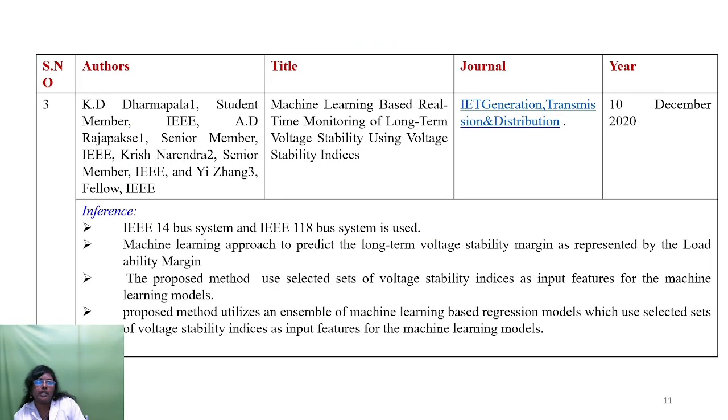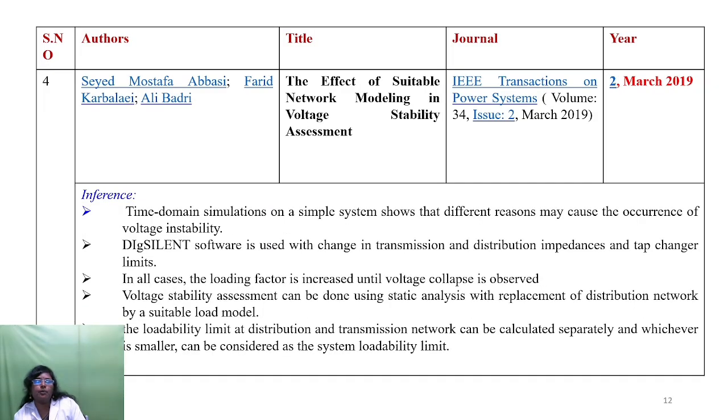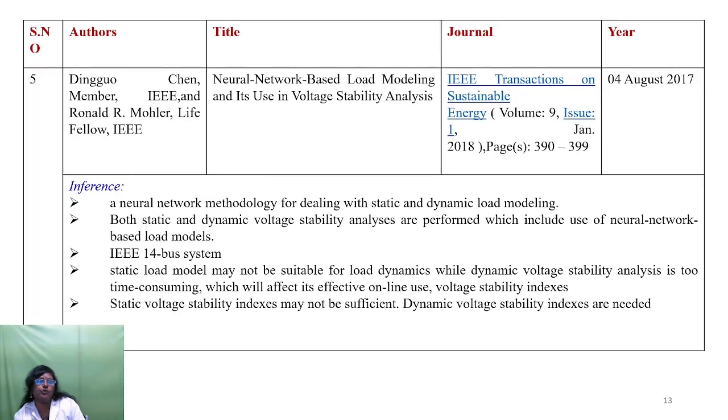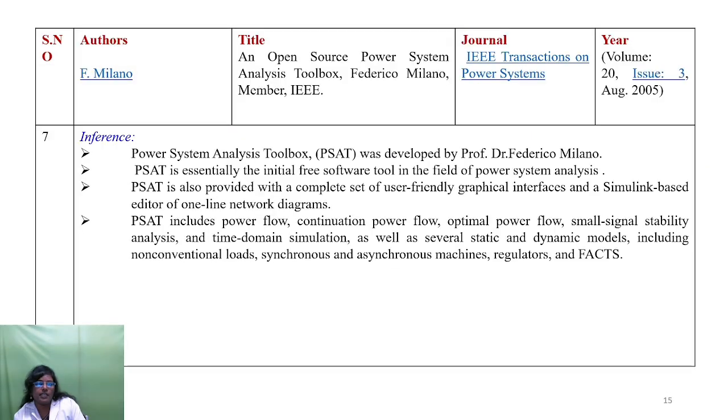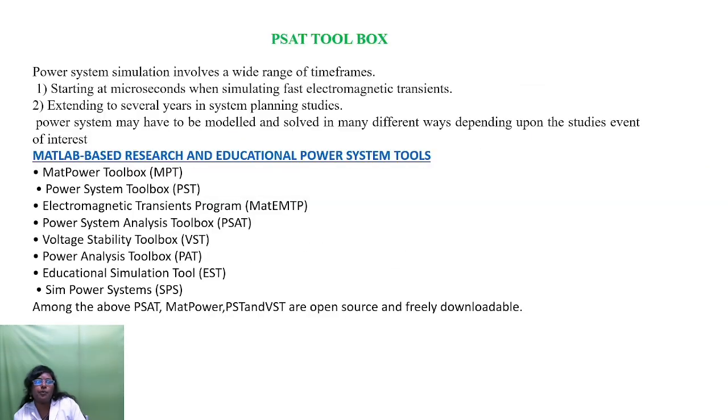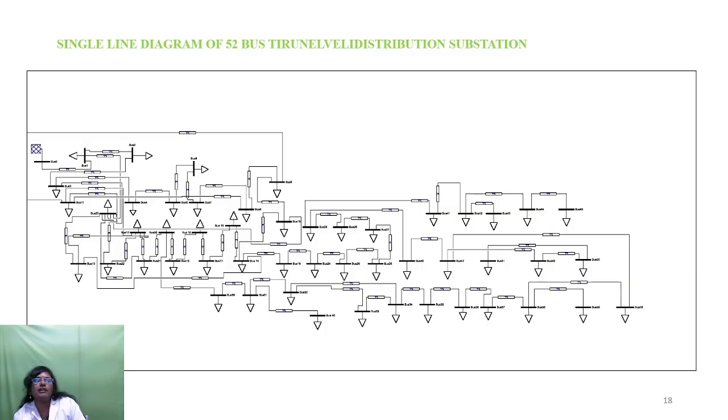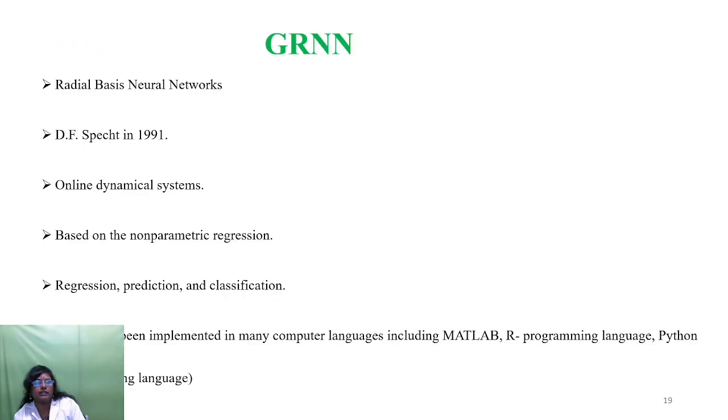Next, we saw how recent researchers have analyzed the voltage profile by using the proposed AI techniques. And we have seen the free open source software, that is the PSAT analysis toolbox, and these are the diagrams which can be drawn with the help of the PSAT analysis toolbox.